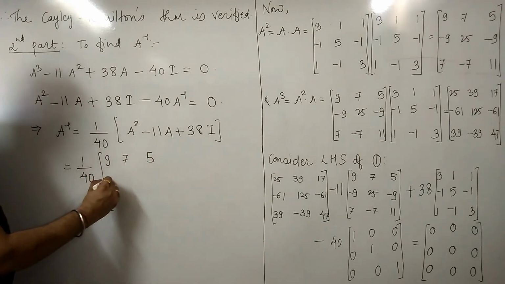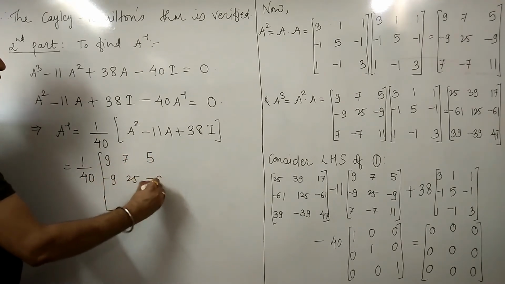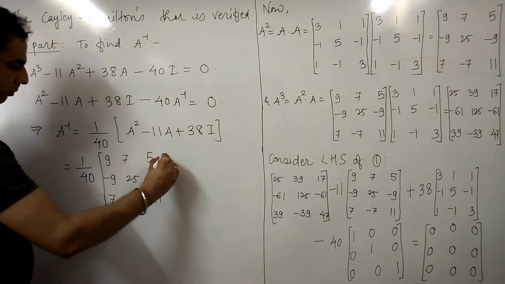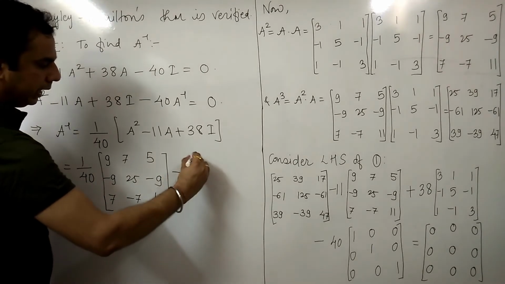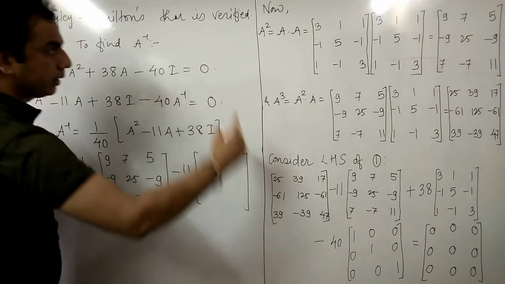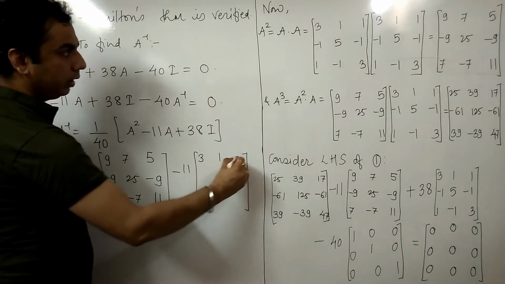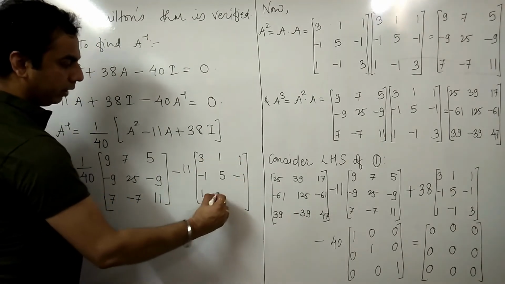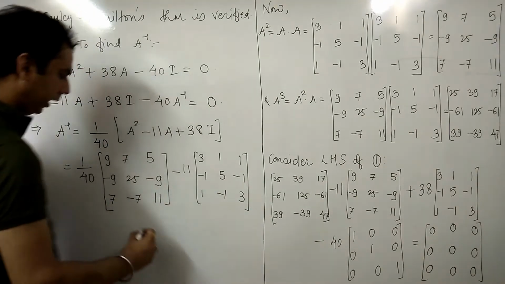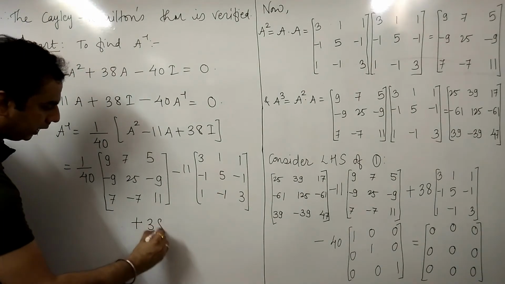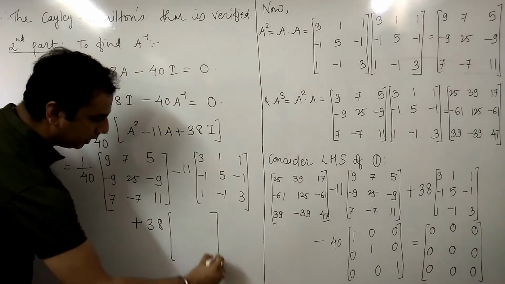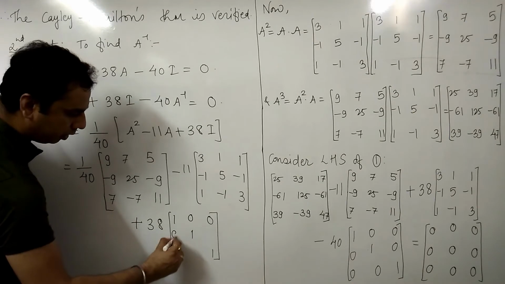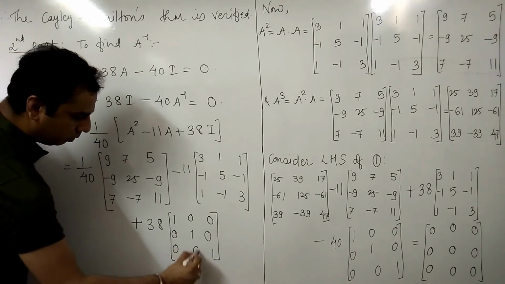975, then minus 9, 25 minus 9, and then 7 minus 7, 11, minus 11 times the matrix A, which is 3 1 1, minus 1 5, minus 1, and 1 minus 1 3, plus 38 times the identity matrix, which is 1 1 1, and then rest all the elements are 0.